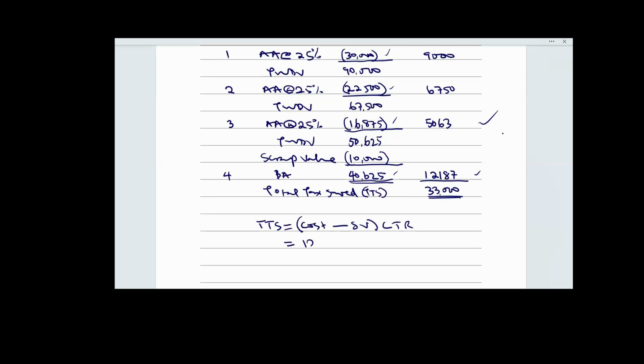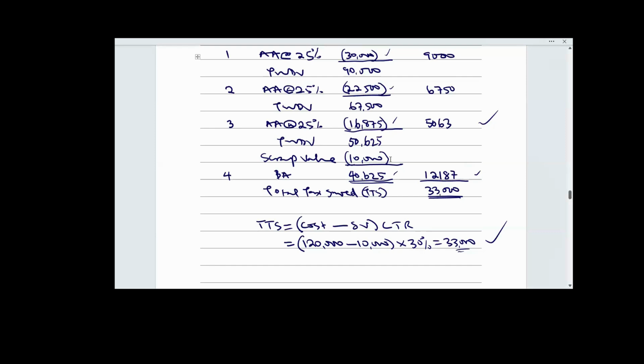So the cost of the asset is 120,000 minus the scrap value of 10,000, multiplied by 30%. So we should have the same thing as 33,000. Of course, we don't need this for anything. It's just to confirm that you have not overclaimed or underclaimed your capital allowance. That's the essence of that.